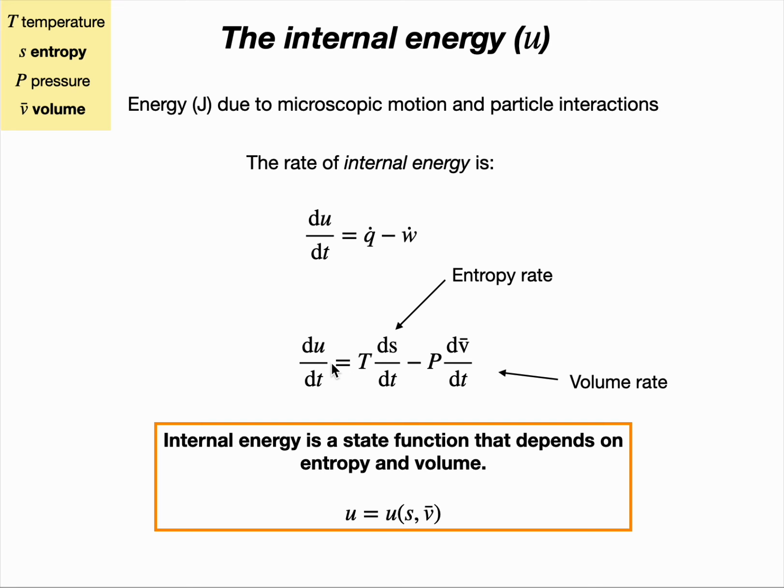We get an expression for the rate of change of internal energy, T dS/dt minus P dV/dt. This is an entropy rate. This is a volume rate. So what this shows you is that U, in fact, is a function of S and V. So it's a state function that depends on entropy and volume.